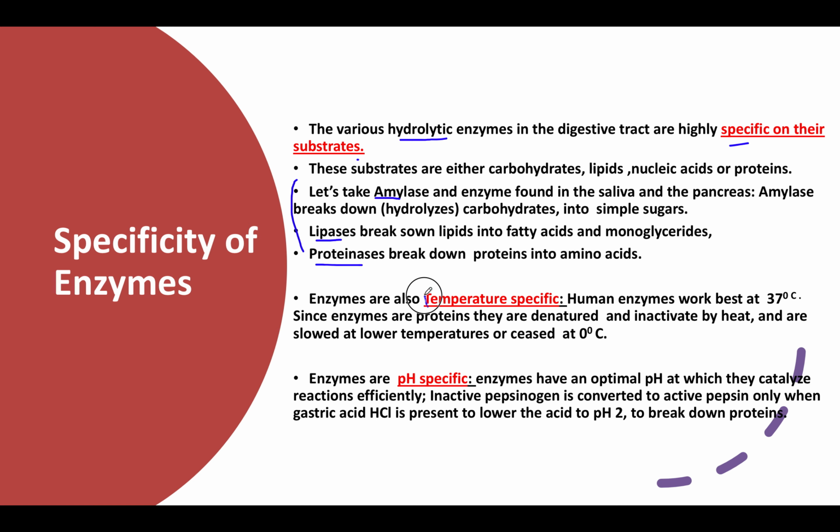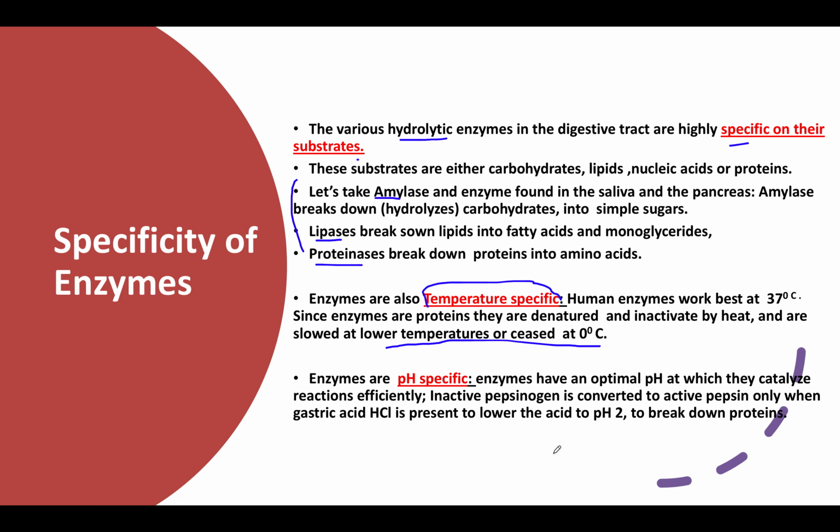They all are temperature specific. They have specific temperatures where their function is at its optimal. Because they are proteins, many enzymes are denatured or deactivated by heat, or they slow down or stop at freezing or lower temperatures. They are also pH specific.